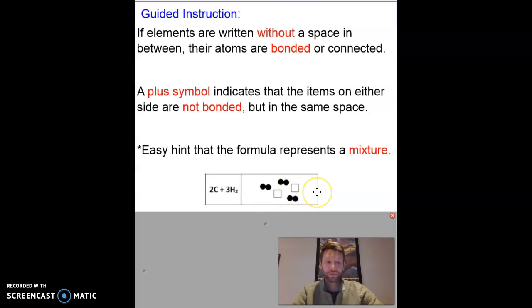So it is a mixture. Take a moment and pause if you need more time with the notes. You're going to see the reason why we spent so much time on modeling and learning about chemical formulas when we get started with chemical equations next week. Let's go ahead and dive into some guided practice.